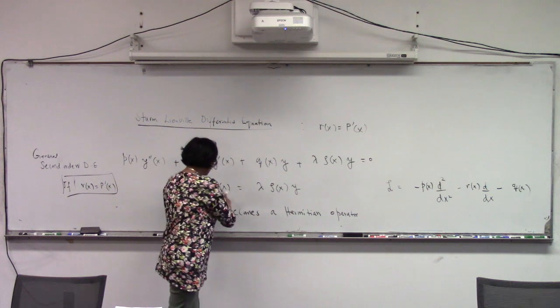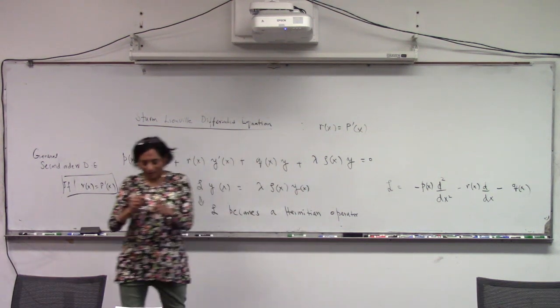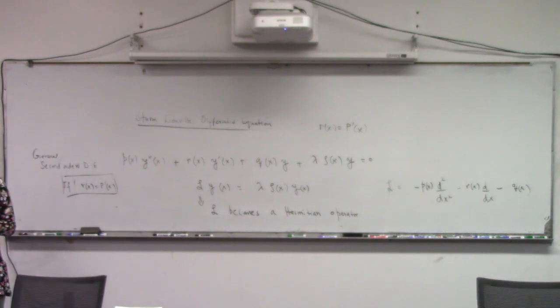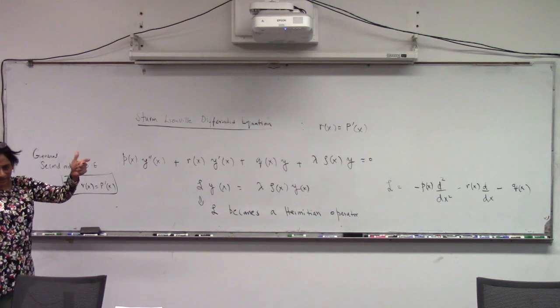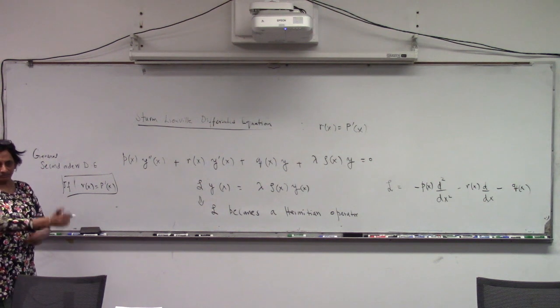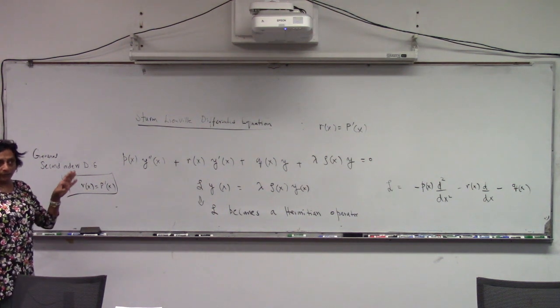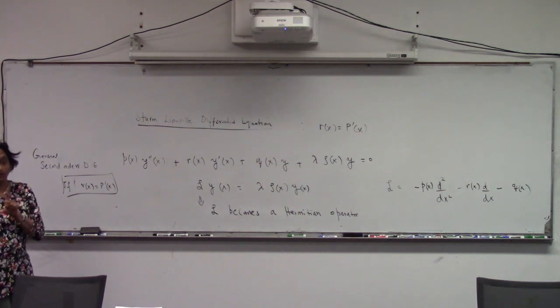Those are the eigenfunctions. If you remember your linear algebra, it says something about the eigenvalues and eigenvectors. The eigenvalues have to be real, right? The other one is that eigenfunctions have to be orthogonal.